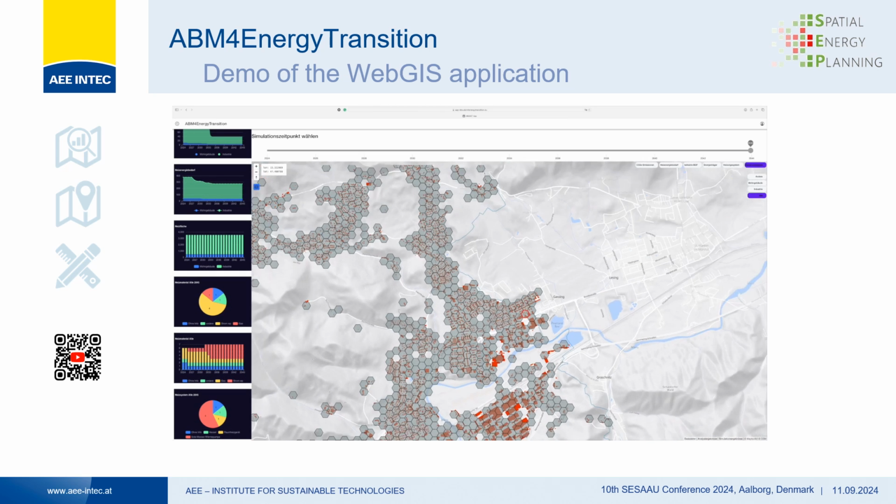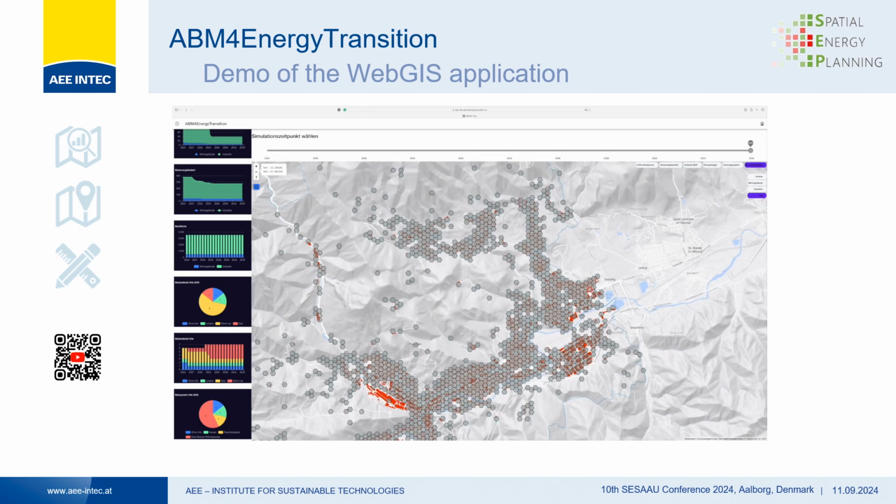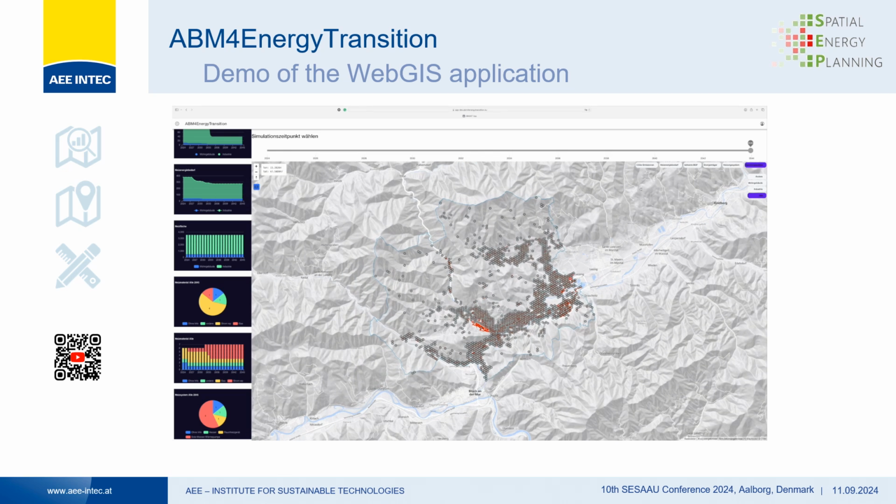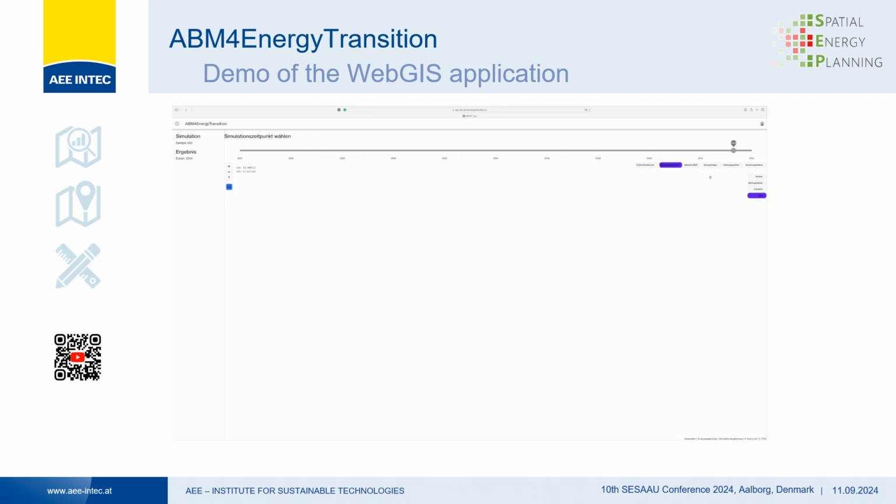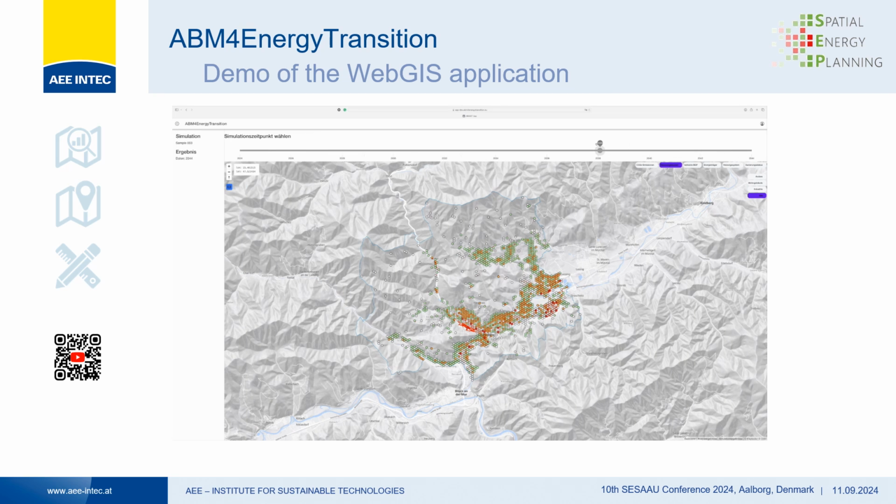For post-processing and analysis, all results may be exported either in spatial data formats such as GeoJSON, Shape, or GeoPackage, as well as CSV or Excel files.